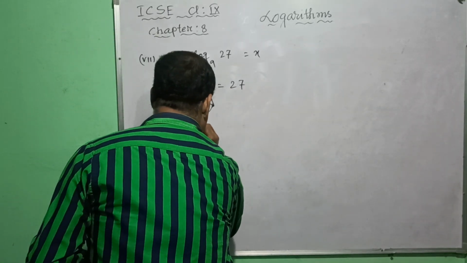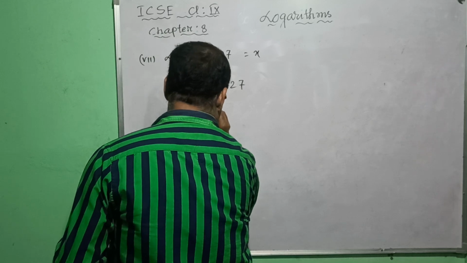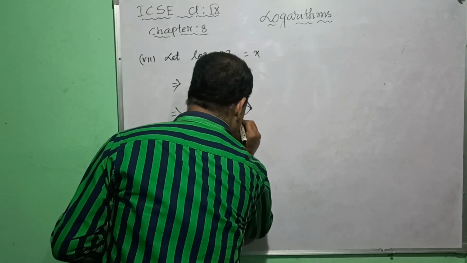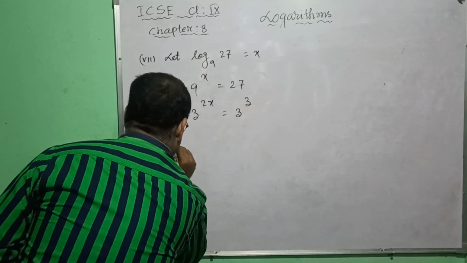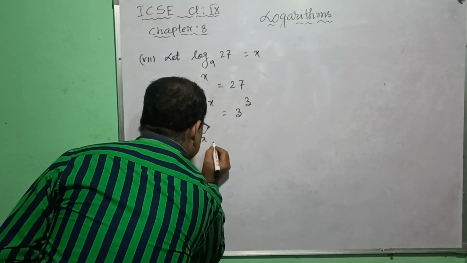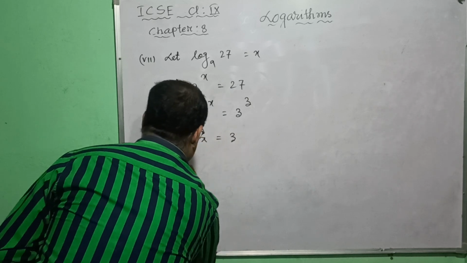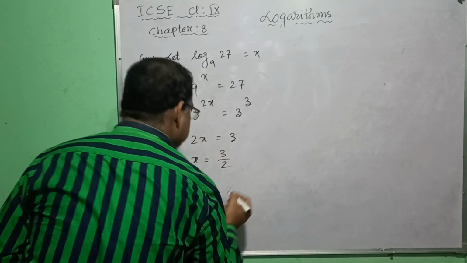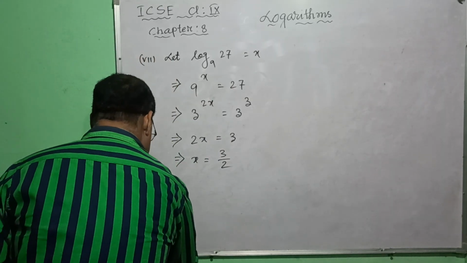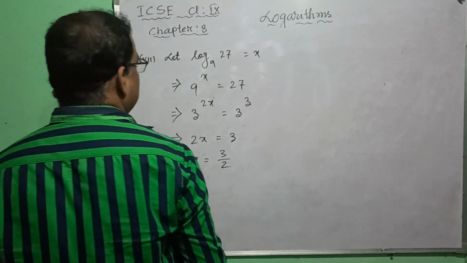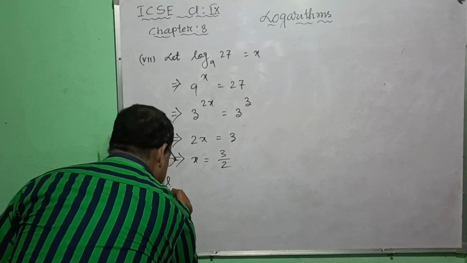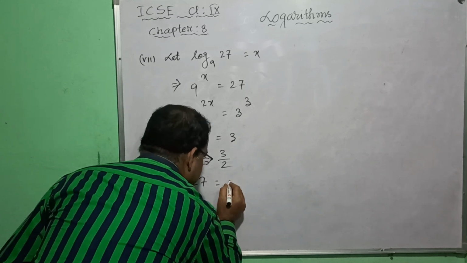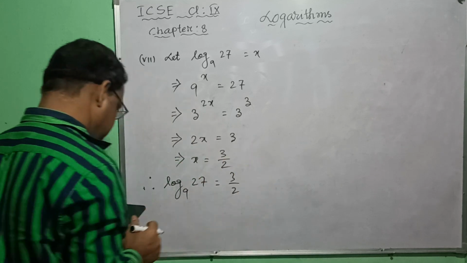So here will be 3, and 2 will multiply with it. So 3 to the power 2x, and 27 we can write as 3 cube. It means that 2x equal to 3. This implies x equal to 3 by 2. And then we'll write, therefore, log 27 at base 9 equal to 3 by 2.